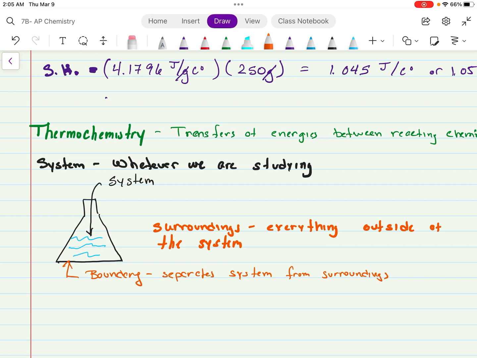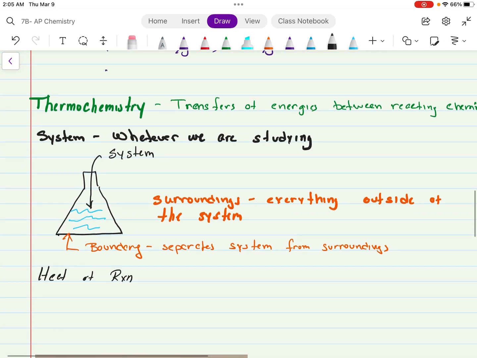When we're talking about a system and its ability to affect its surroundings, we're looking specifically at the heat of reaction. The way the system changes depends on whether energy is being absorbed by the system or being released by the system.